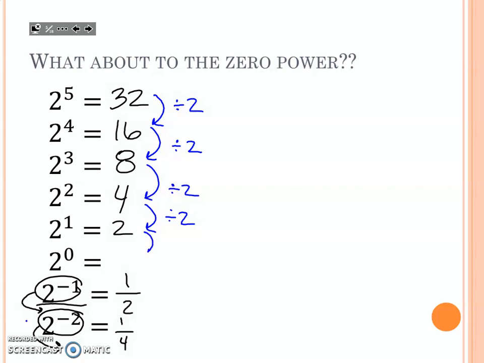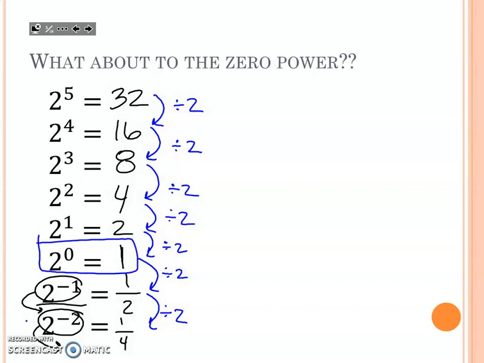So what is 2 divided by 2? Well, 2 divided by 2 gives me 1. So we're guessing that 2 to the 0 power gives us 1. Does that pattern continue? What's 1 divided by 2? Well, 1 divided by 2 gives me 1/2. 1/2 divided by 2 would give me 1/4.